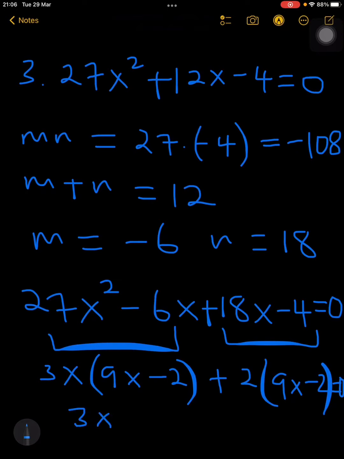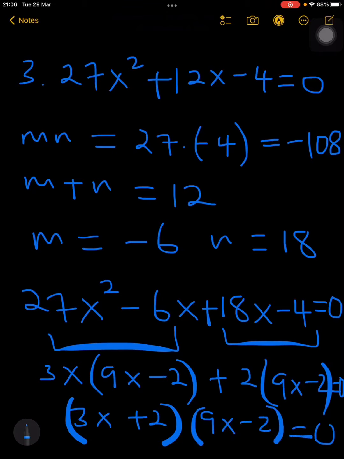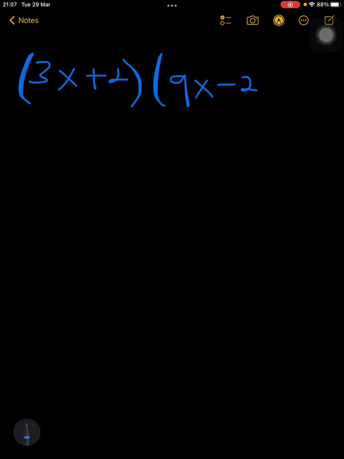We'll have 3x plus 2, 9x minus 2 is equals to 0.